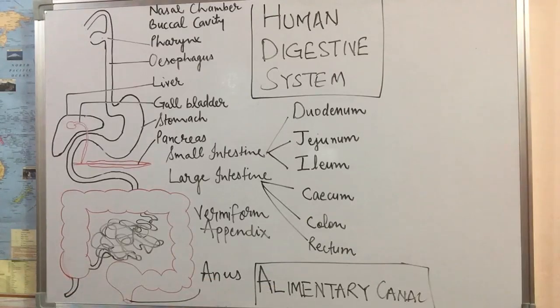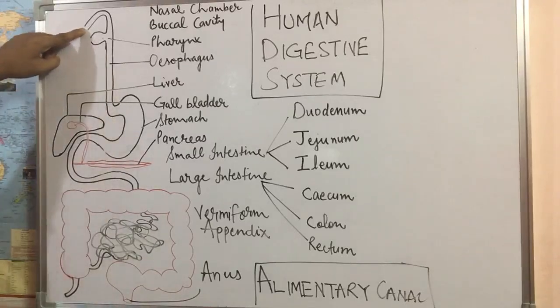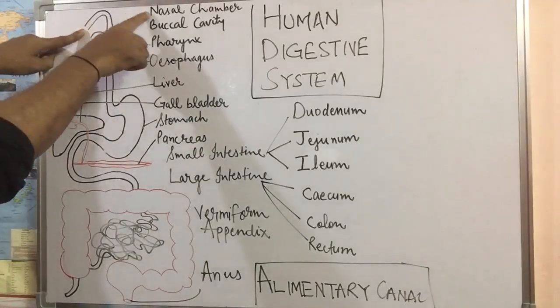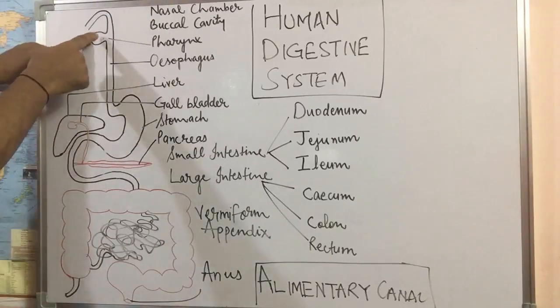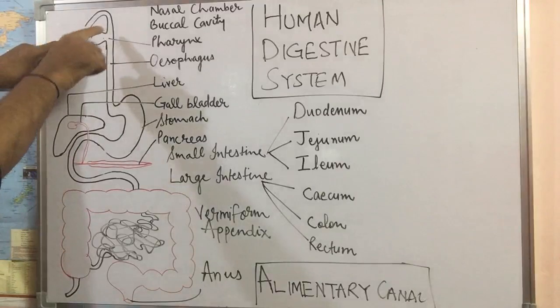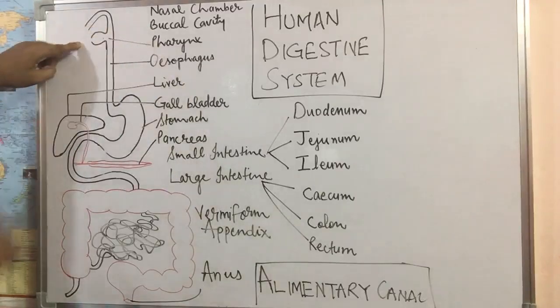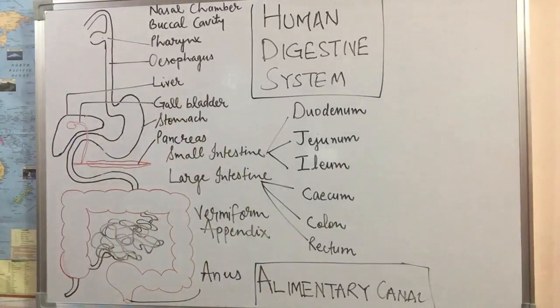Its main parts are written here. The first one is in the starting only, the nasal chamber. This whole part is the mouth, and this cavity is known as the buccal cavity.